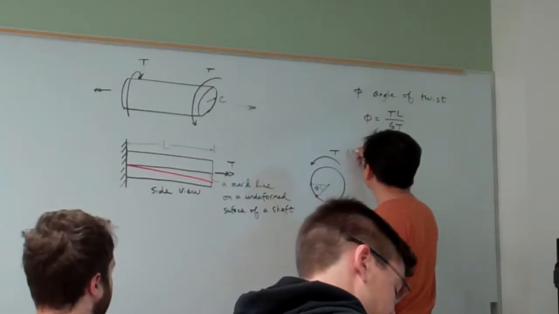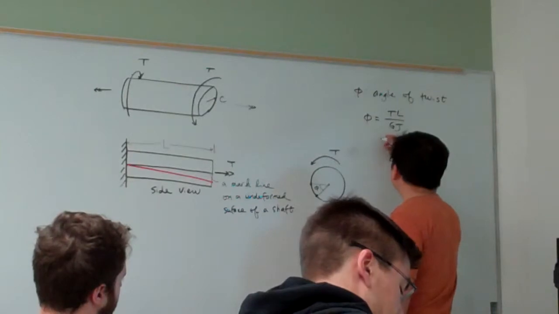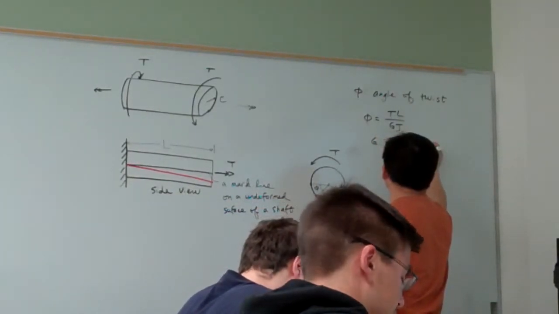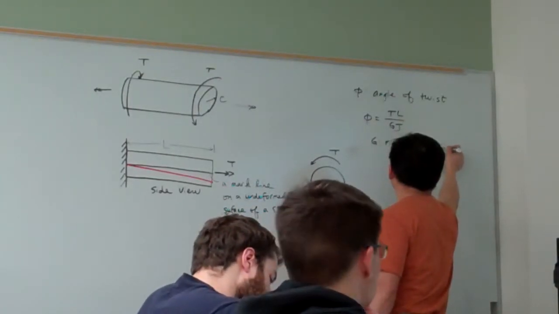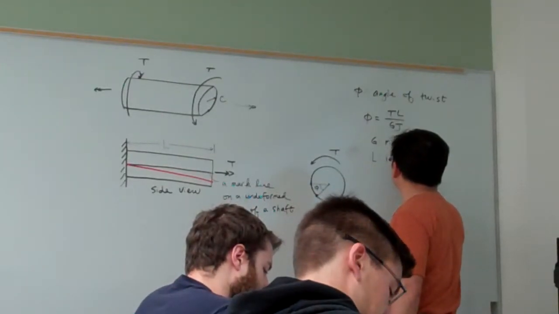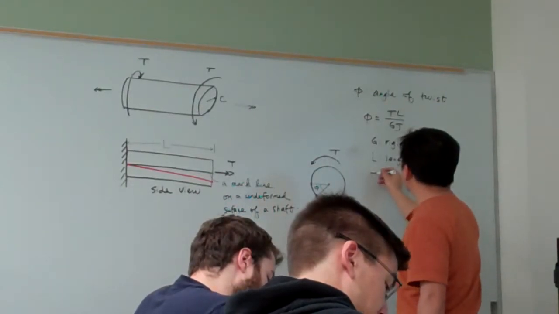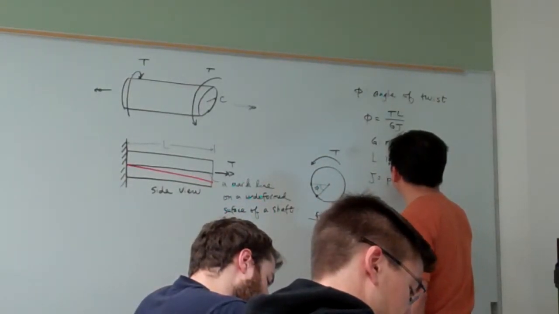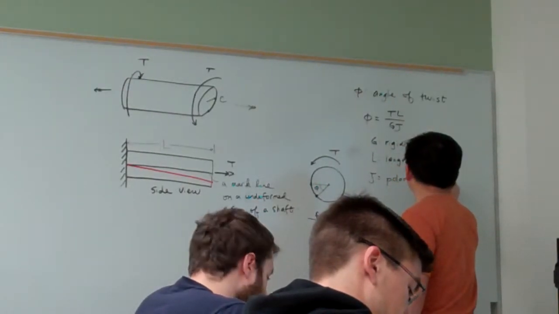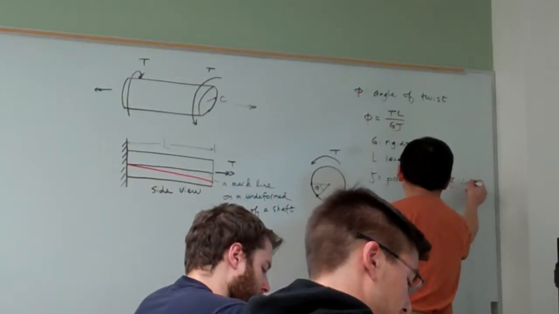T is the torque, G is called the rigidity modulus, L is the length of this shaft, and J is the polar moment of inertia.